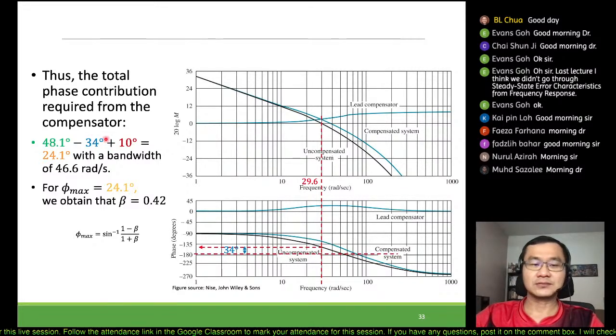So what you get now is 24.1 degrees with a bandwidth of 46.6.